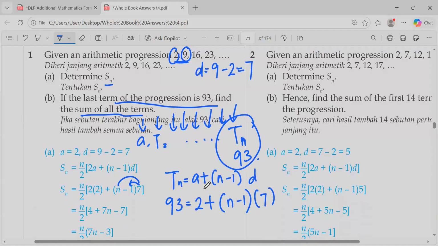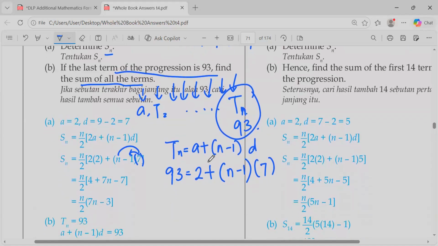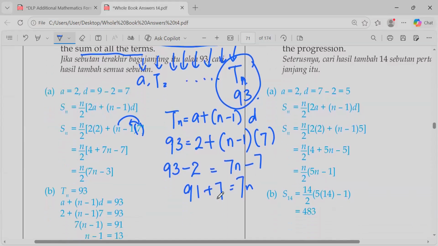So remember to put the bracket, please. And then I can find the number of terms. 93 minus 2, I get 91 and minus 7, and then 91 plus 7, negative 7 becomes plus 7. So I get 98 over 7.